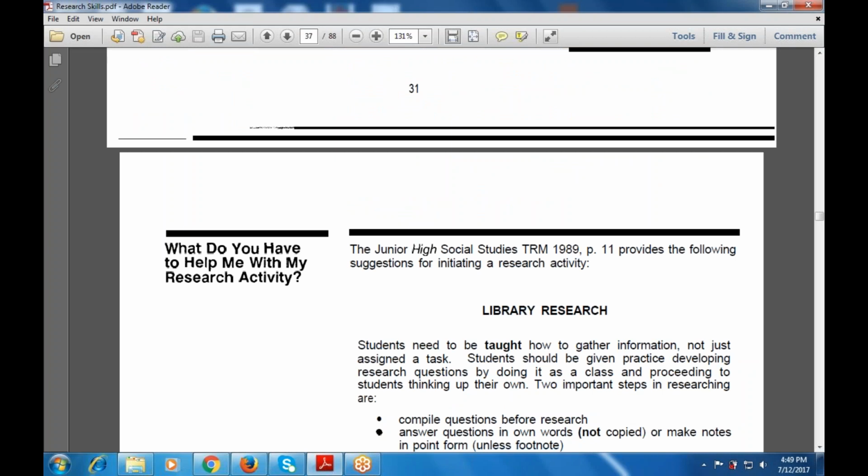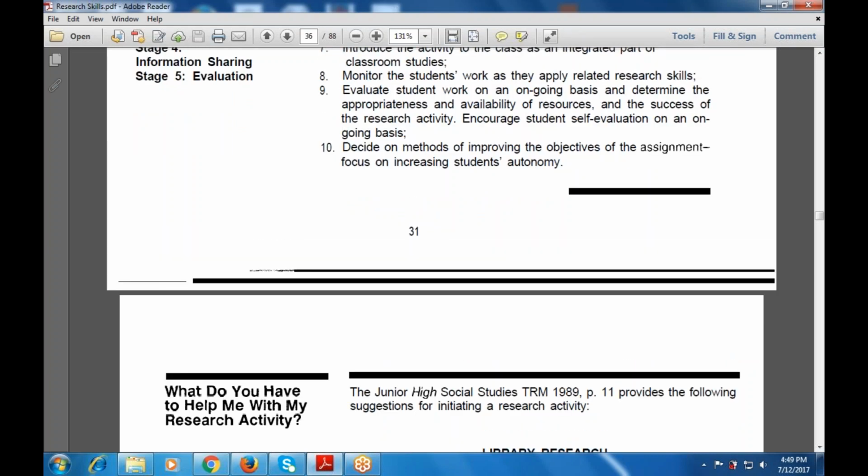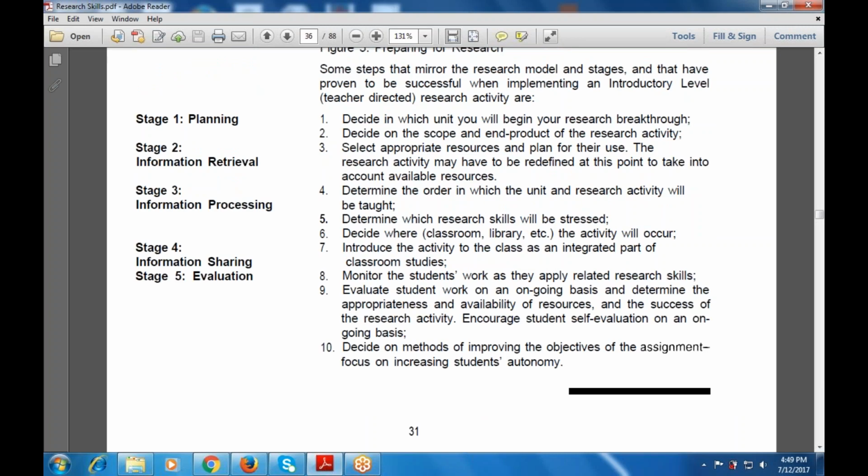So what do you have to help me with my research activity? What do you say, what do you do, what do you tell? Stage 1 is planning: plan out the material and the required resources. Then information retrieval: how we can retrieve the information. Then processing: what information processing is carried out on the material.